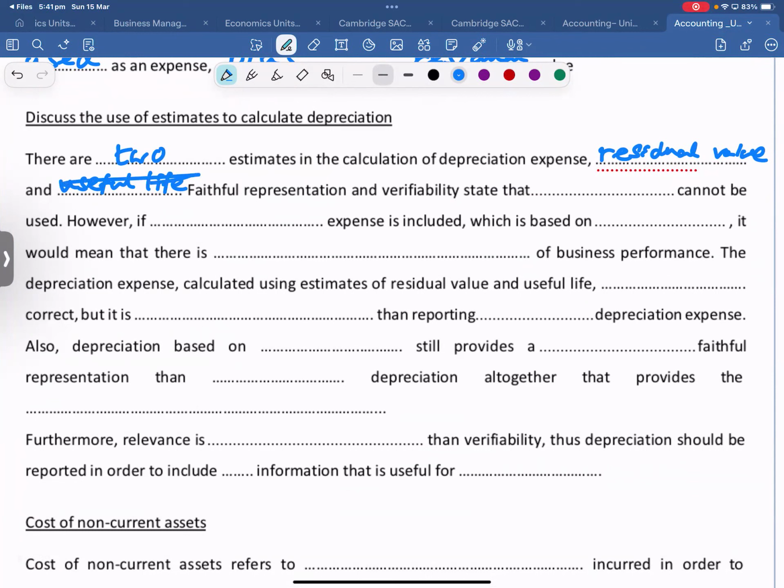Residual value and useful life. Faithful representation and verifiably state that estimates.